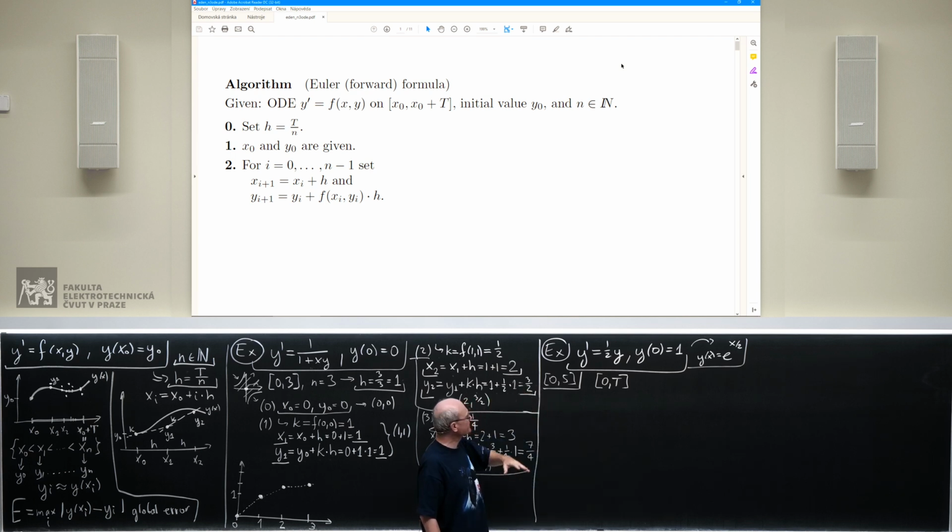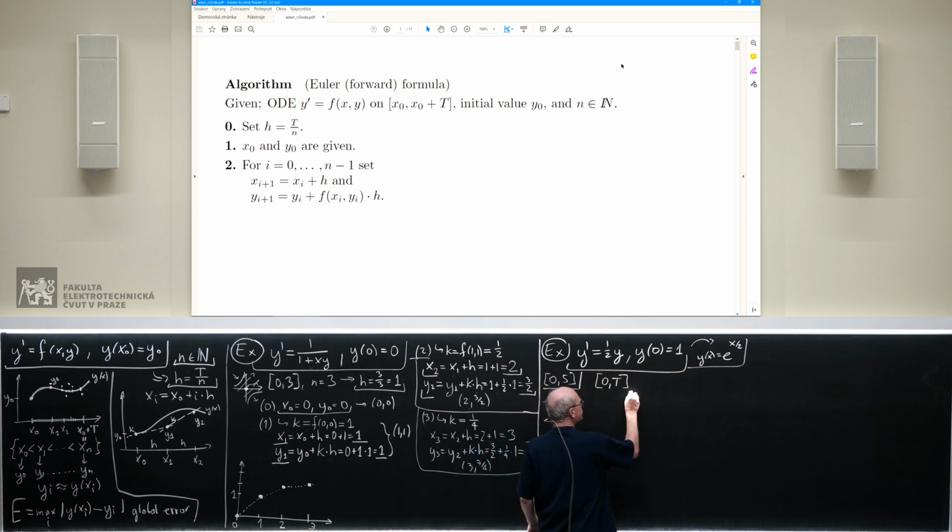If you develop a new method, the best thing to do is to try them on the exponential equation, because then you can learn a lot about it in an easier setting. So we have interval 0, t, and I split it into n parts, and therefore I get step size t over n. This is not really new.